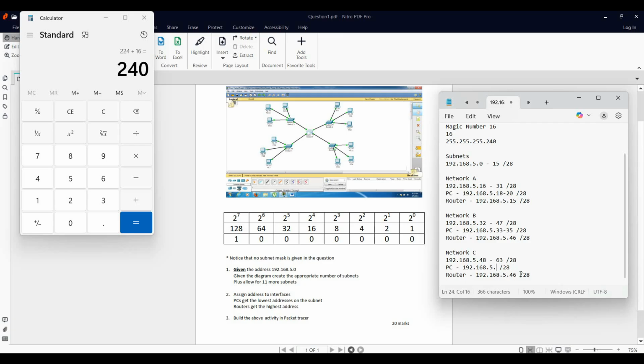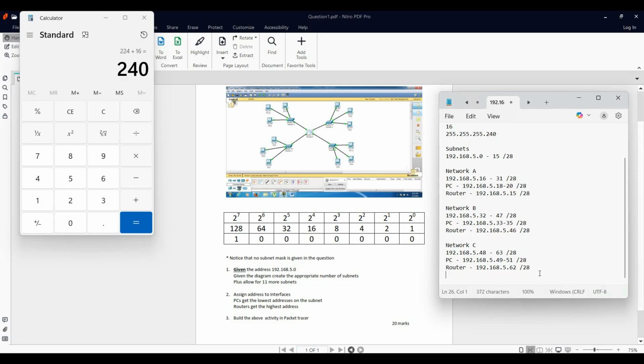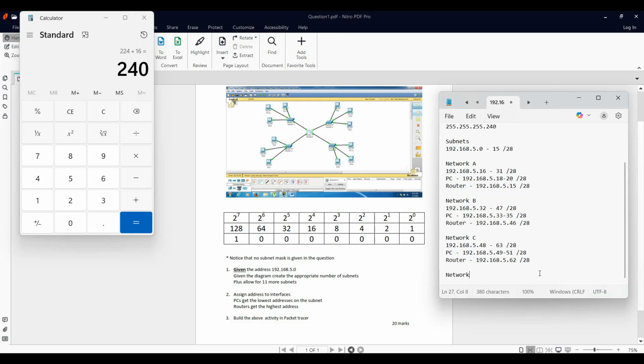PCs will use the lowest numbers, which will be 49, 50, 51, and the IP address for this router is 192.168.5.62, because that would be the last usable IP.